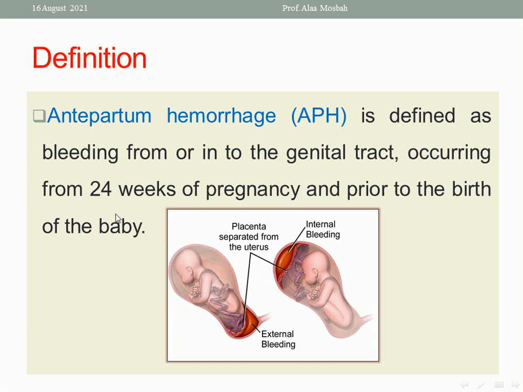Why? Because this is the gestational age of medicolegal viability: in the USA it is 20 weeks, in the UK it is 24, in Egypt it is 28. So if you read this definition with different gestational ages, you can understand now what the difference is. Okay.